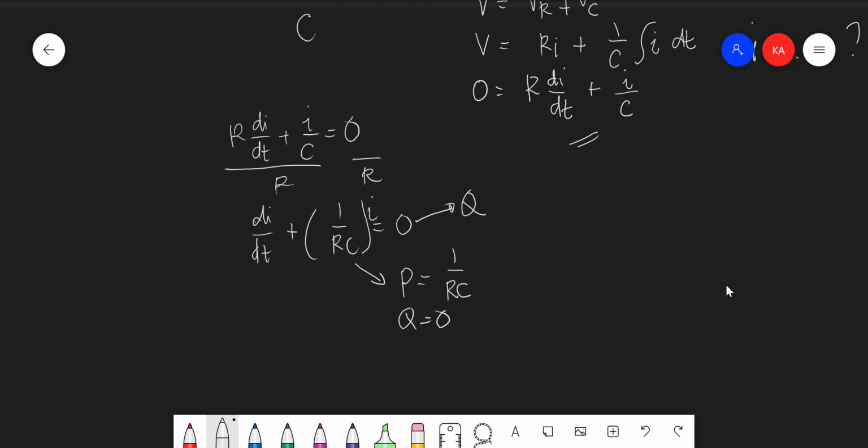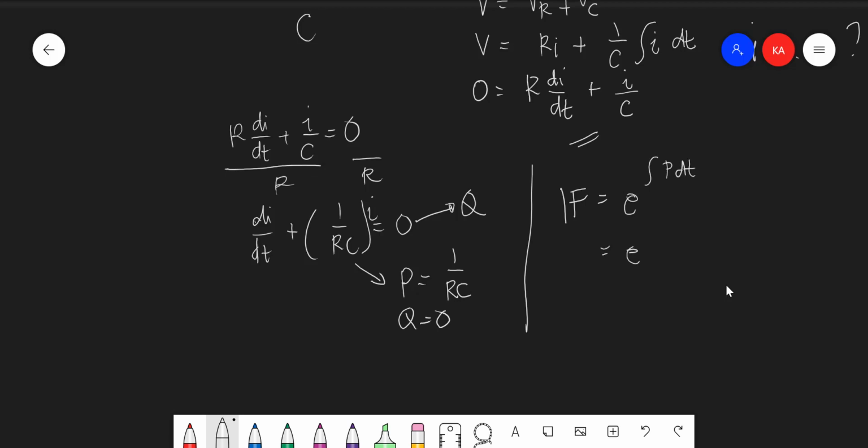So we have to find the integrating factor. The integrating factor, IF, is e to the integral of P dt, right?